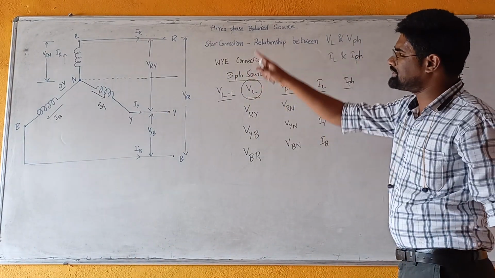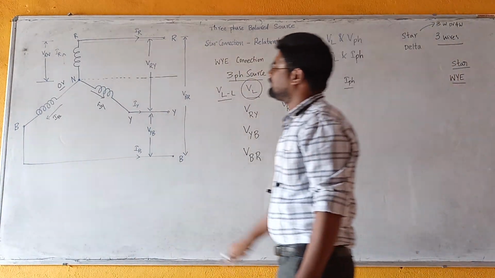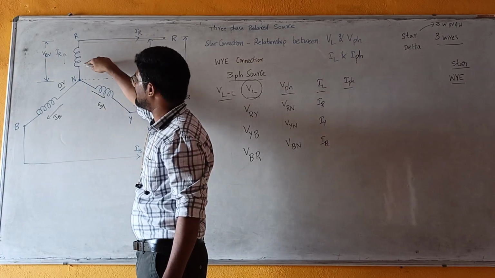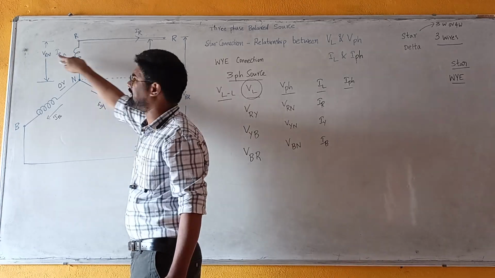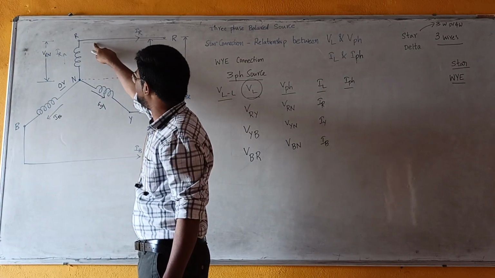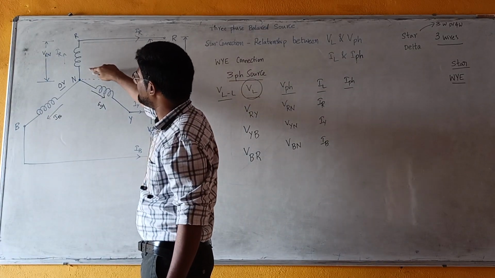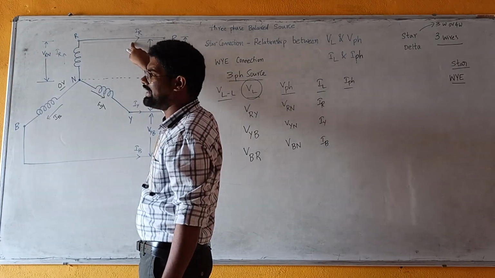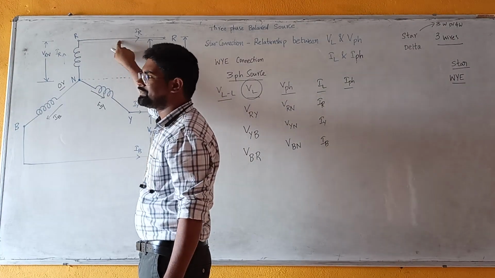Now if you observe this connection diagram, the current flowing through the coil, say for example IR, the same current enters into the line. Current flowing through the coil and current flowing through the live wire, both are same.